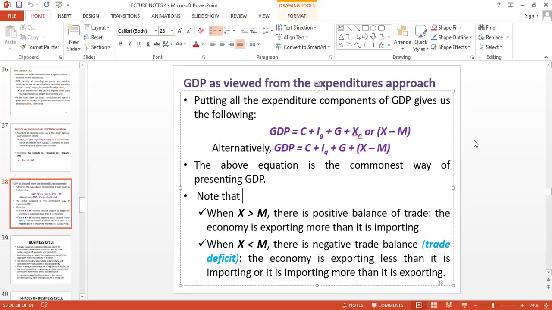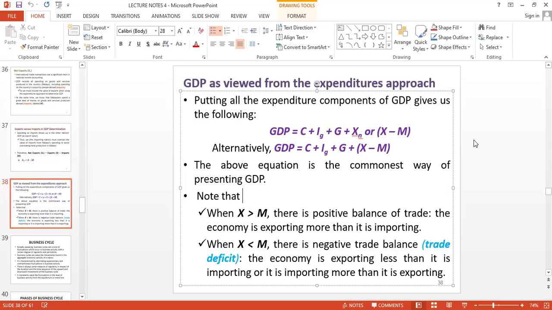Okay, so I should take this opportunity when we are dealing with X minus M, exports minus imports. Exports minus imports, in balance of payments or in national income accounting, this is what we call a current account. And this is what we call trade.